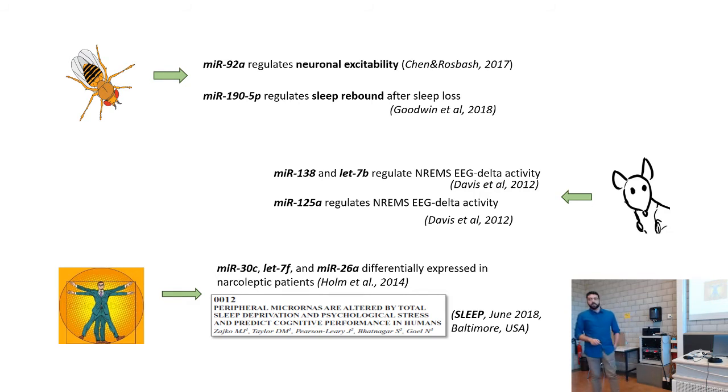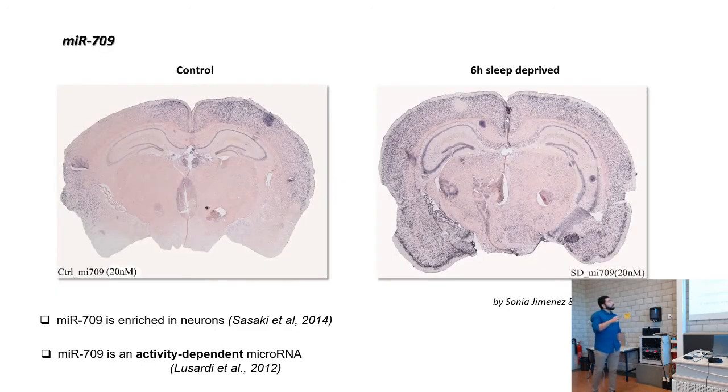Now, previously in the lab, a previous PhD student found that when you sleep deprive mice for 6 hours, several microRNAs are differentially regulated. Some microRNAs go up, some go down. A specific microRNA, 709, was chosen out of these as the top candidate, and its upregulation after sleep deprivation was verified by in situ hybridization.